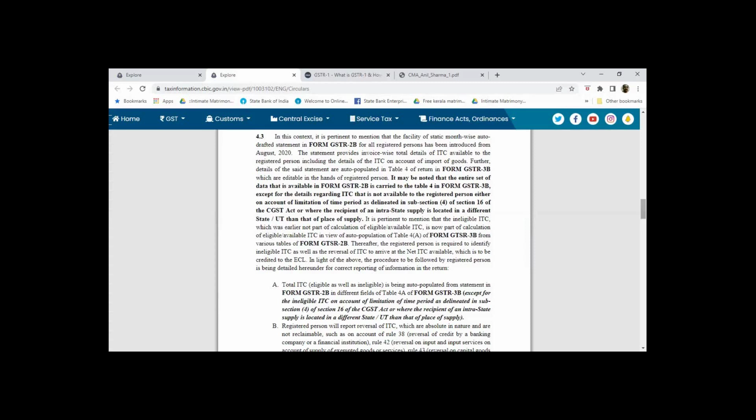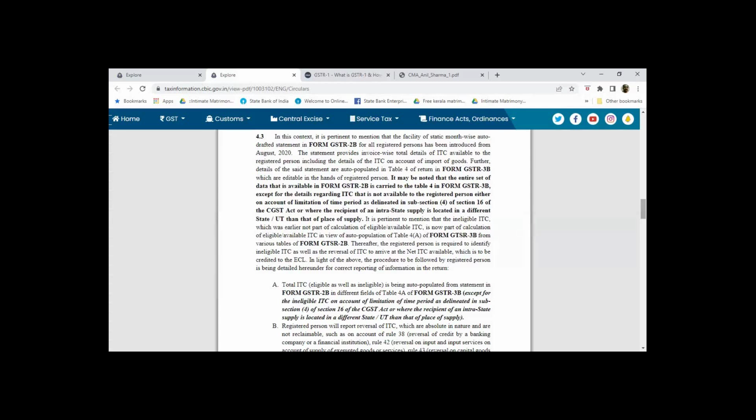So it is pertinent to mention that the ineligible ITC, which is not part of calculation of eligible available ITC, is now part of calculation of eligible or available ITC in view of auto-population of table 4A of Form GSTR 3B from various tables of Form GSTR 2B.